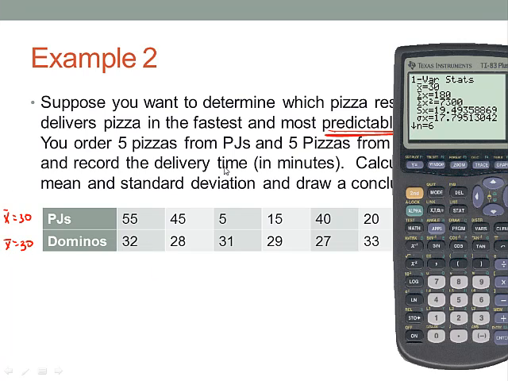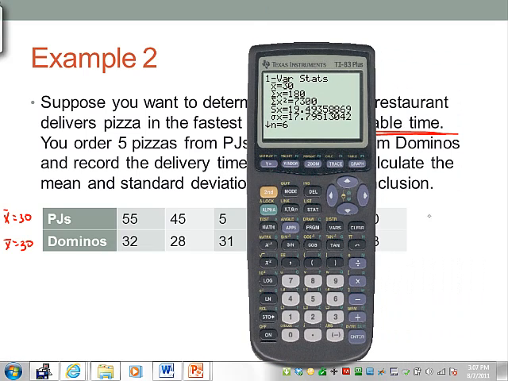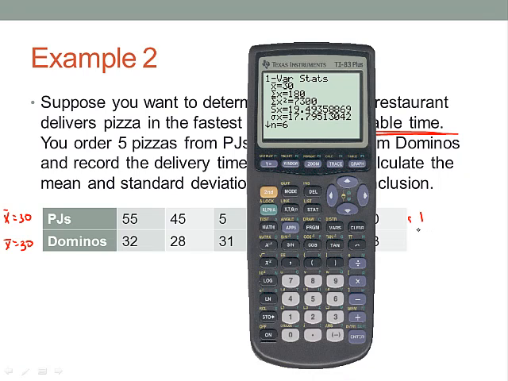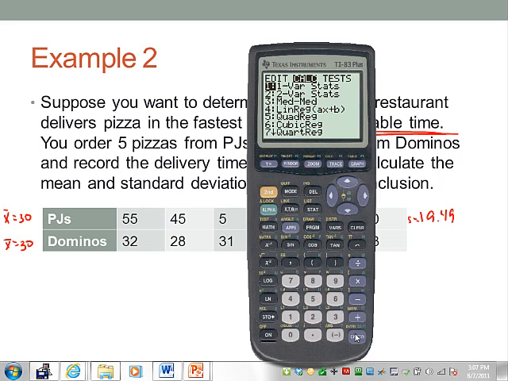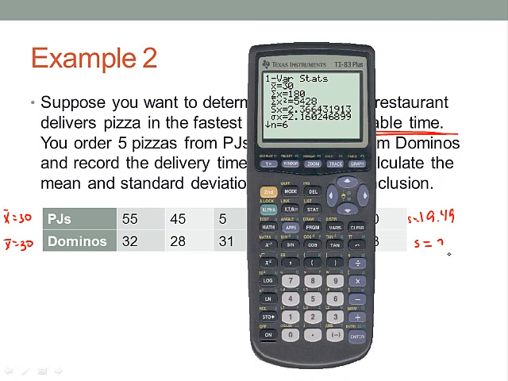The standard deviation for Papa John's, S, is about 19.49. And the standard deviation for Domino's, I don't remember what it was, but we'll go back, stat, calc, 1-variable statistics. But I gotta press L2, second 2. I get the X bar of 30 again, but the standard deviation is 2.37. Just round to 2 decimal places is fine in this case.